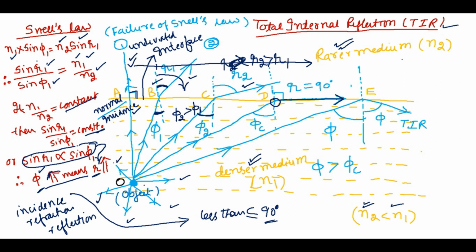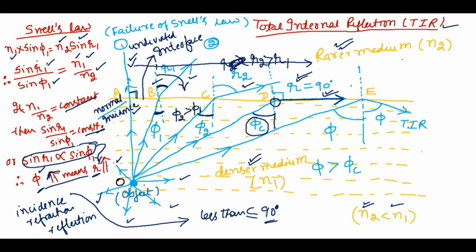The angle of incidence for which the refracted ray moves along the interface is called the critical angle. So phi c is my critical angle, and whenever the angle of incidence is the critical angle, the angle of refraction will always be 90 degree, and the refracted ray will always travel parallel to the surface which is common between the denser and the rarer medium.